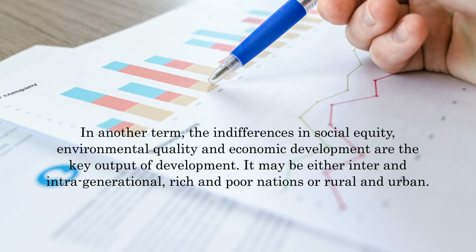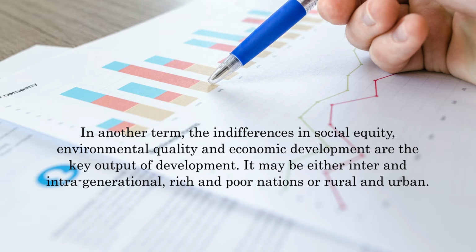Then, what has development brought to us? As we discussed in the last class, when we discussed sustainability, the growth of economics brought indifference in social equity. Environmental quality and economic development are the key outputs of development.